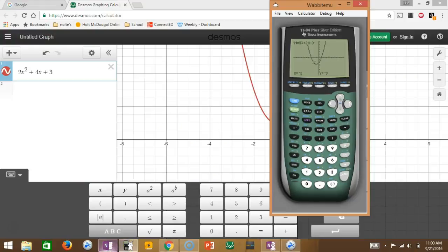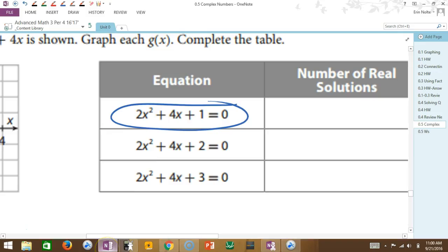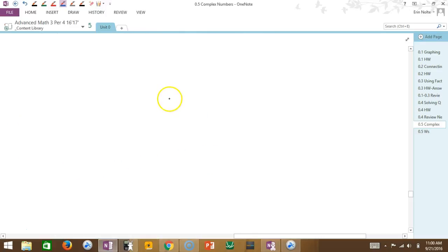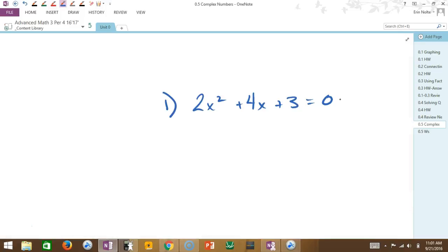So let me go back to this. So let's do this. So we have example 1. Sure. 2x squared plus 4x plus 3. Okay. What method do you want to use to solve this? Give me a method. Oh, sorry.